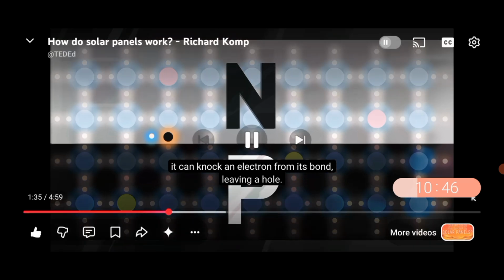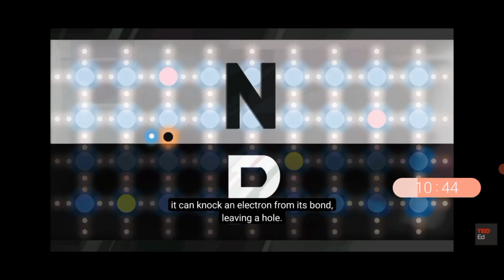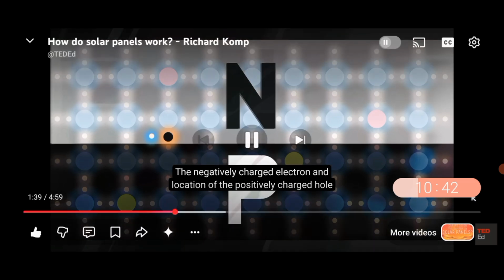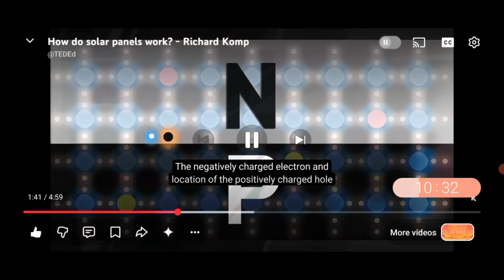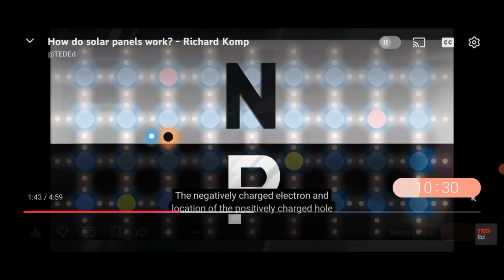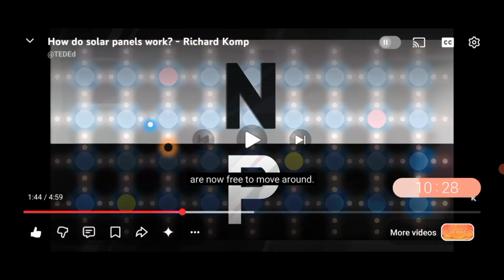The negatively charged electron and the positively charged hole are now free to move around.